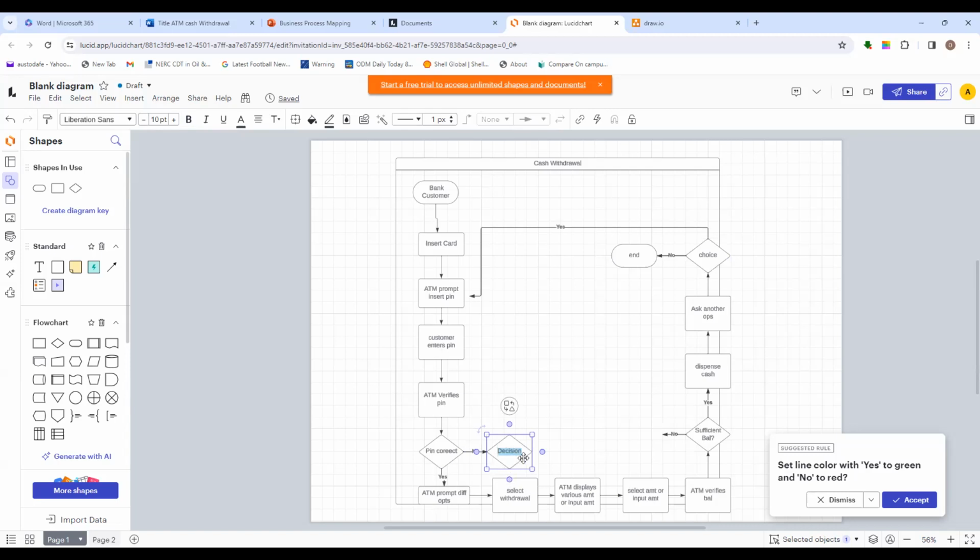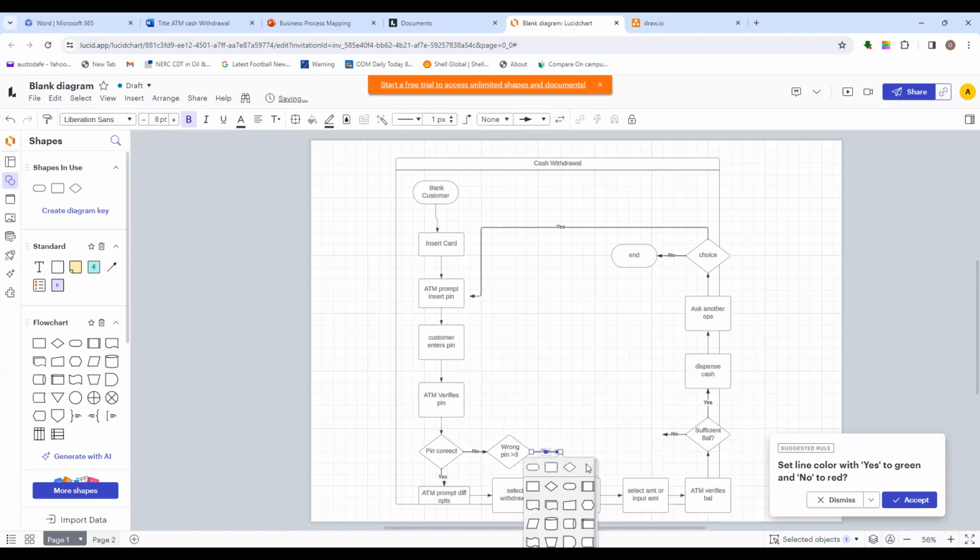Now, pin incorrect. Wrong pin greater than how many times did we say? 3 times.